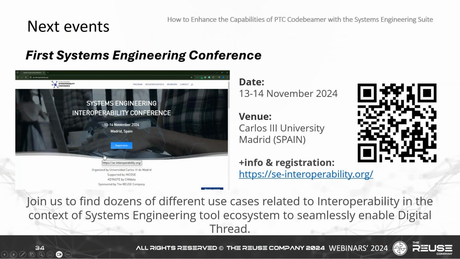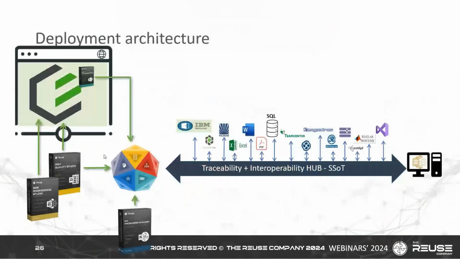So you have seen here a connection from PDF to Codebeamer, connection from Codebeamer to Enterprise Architect. We never create this point-to-point connection. So the connection that we create always is a bidirectional connection for each one of the tools.